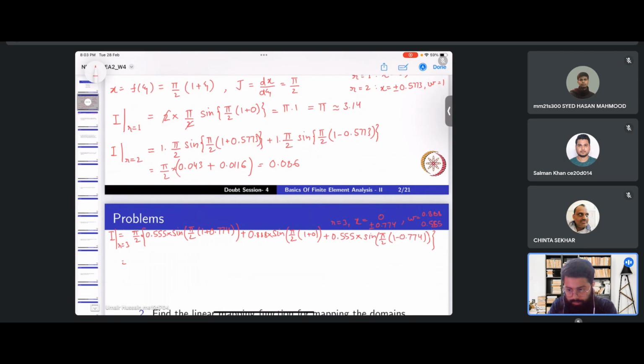Let's take pi by 2 times 0.555 times sine of pi by 2 into 1 plus 0.774, plus 0.888, and pi by 2 is 1, plus 0.555 into sine pi by 2 times 1 minus 0.774.